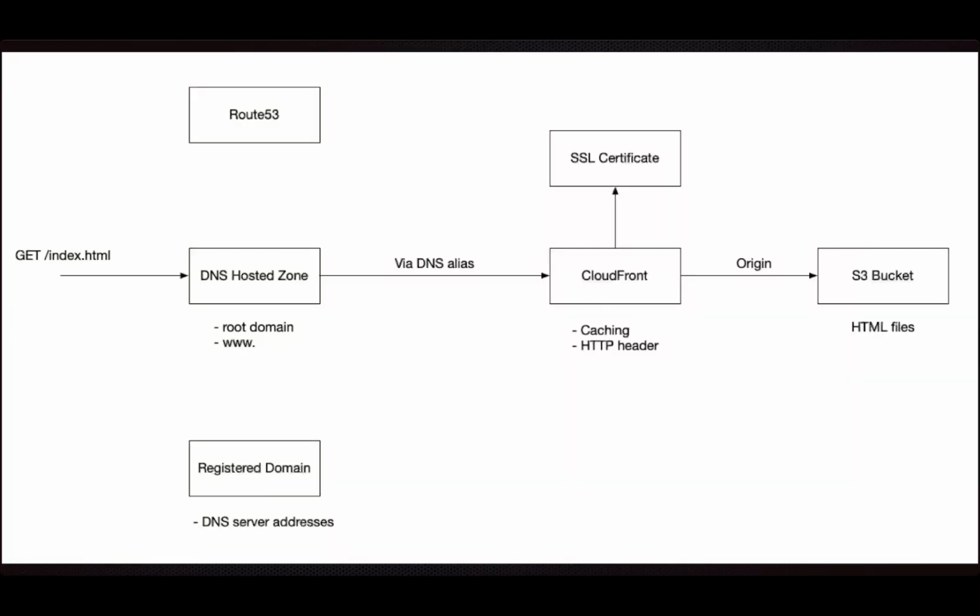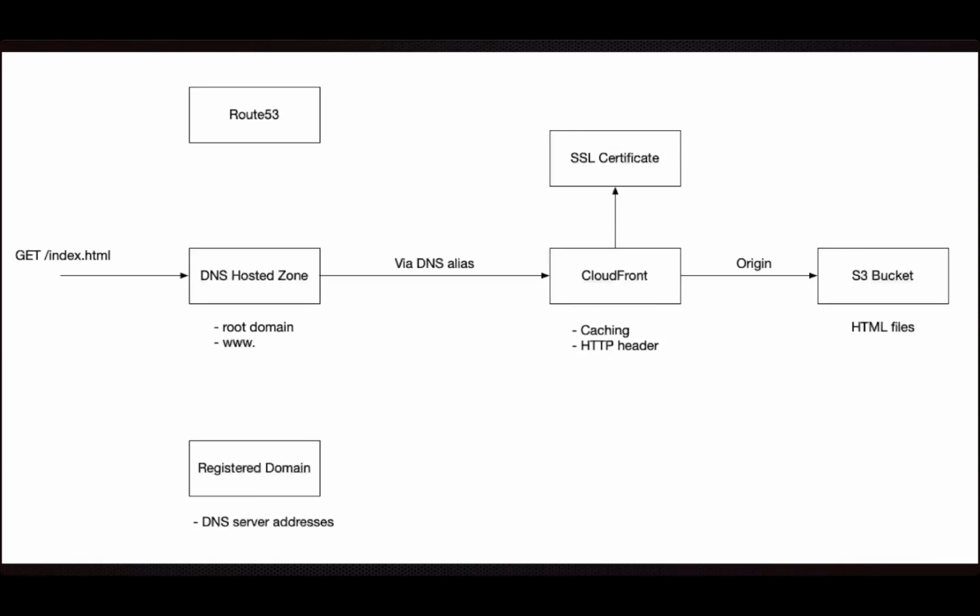So here is a quick overview, a diagram that shows how all these pieces work together. We will set up all these pieces using Terraform. When there is an incoming request from the browser, the first thing the browser does is look up the domain name, and it gets the domain information from the registrar.